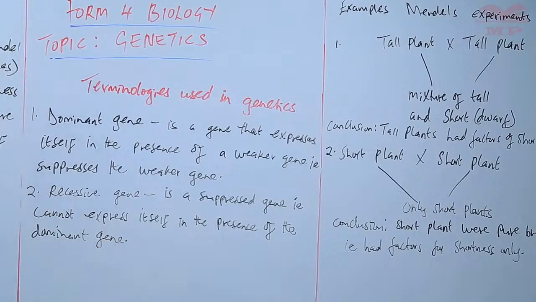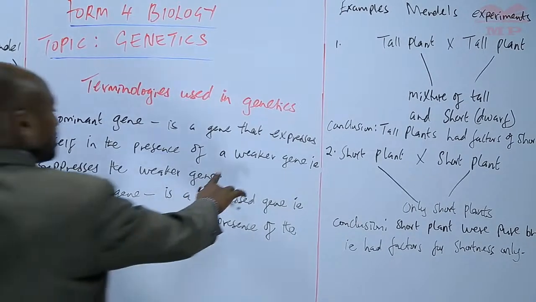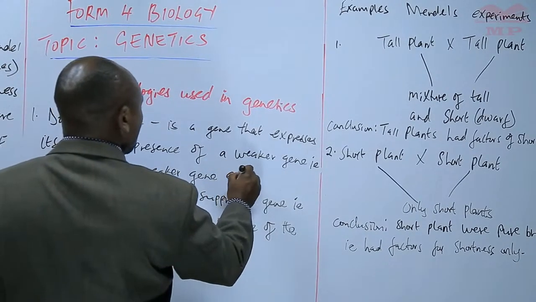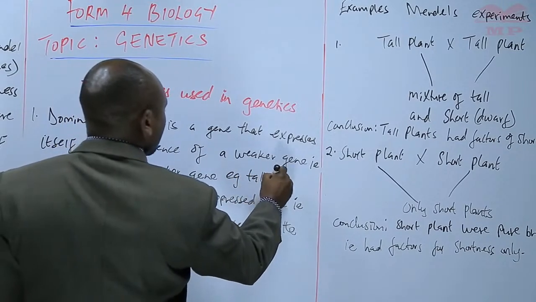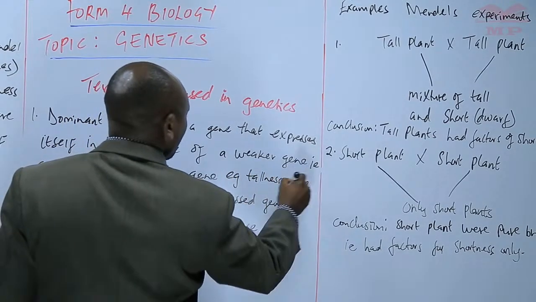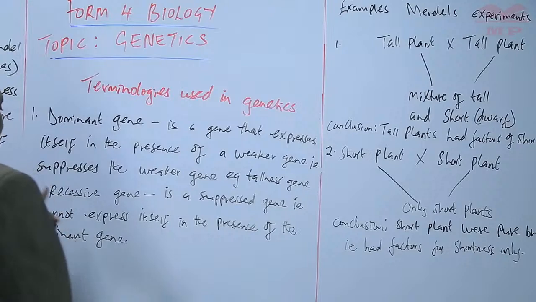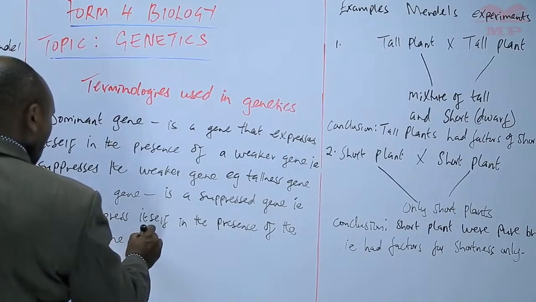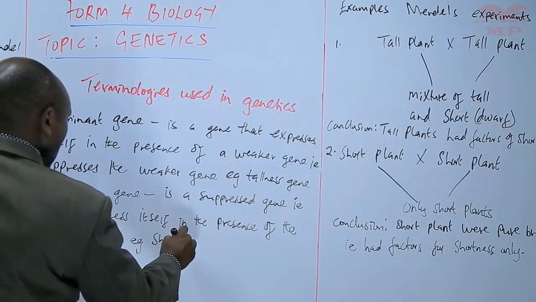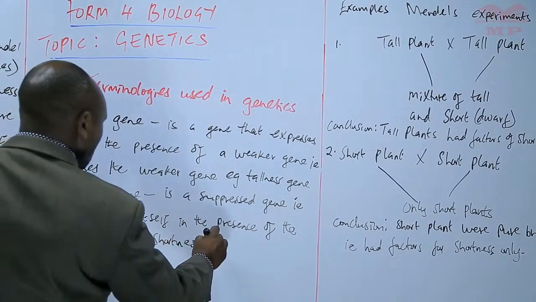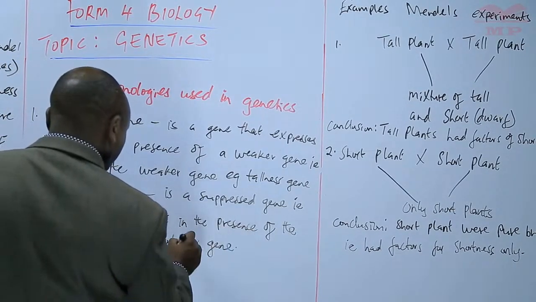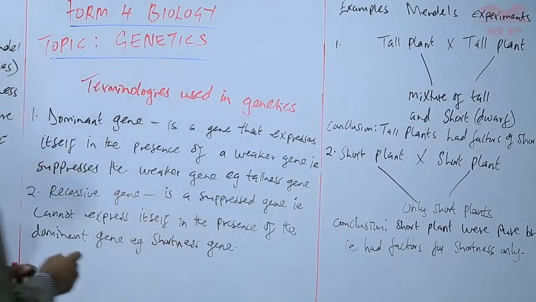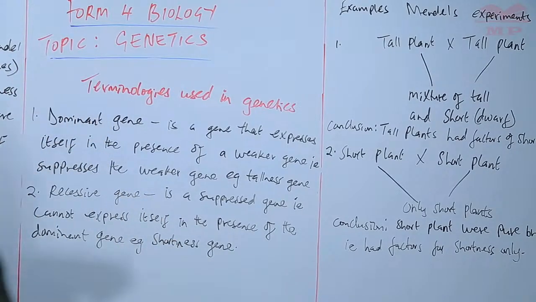So, in conclusion here, the dominant gene, e.g., was the tallness gene, the gene for tallness. And the recessive gene, the suppressed one, is the shortness gene. So we have what we call a dominant gene and a recessive gene.